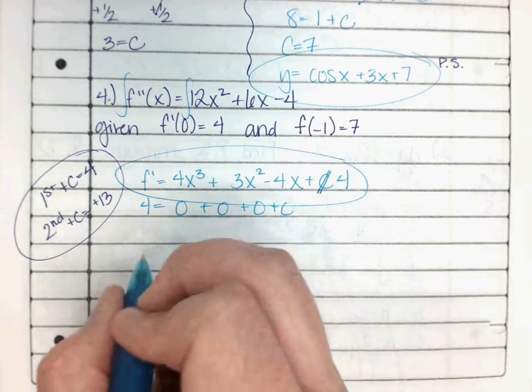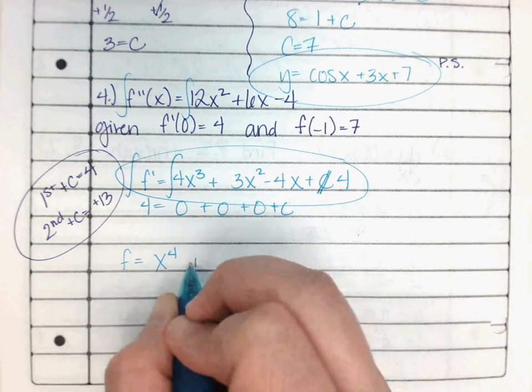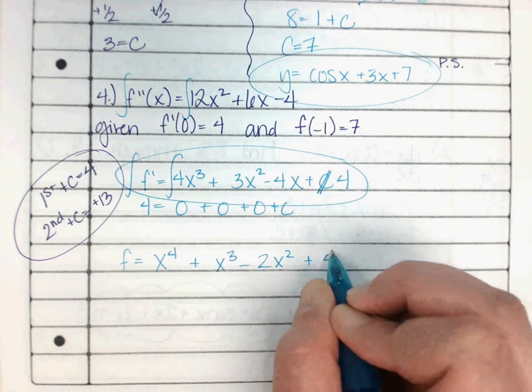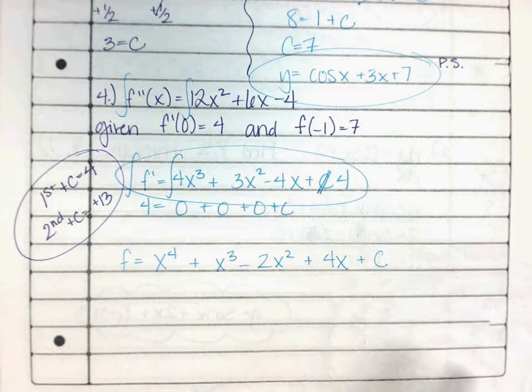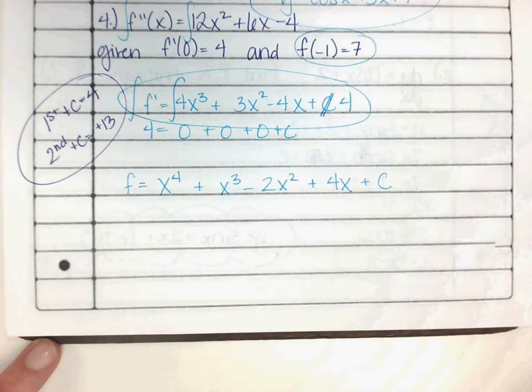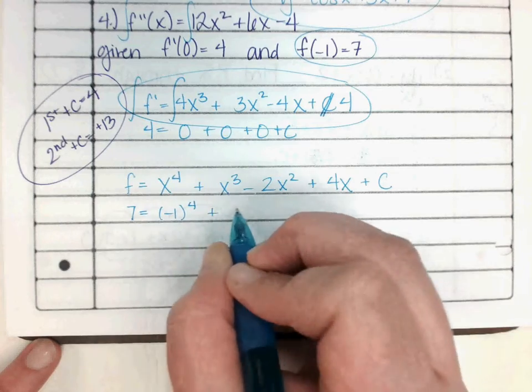First one should have been easy. Second one, integral of f prime is regular f: x^4 plus x^3 minus 2x^2 plus 4x plus c. Then from there you should have been using this one. So 7 is the answer when you plug in -1.